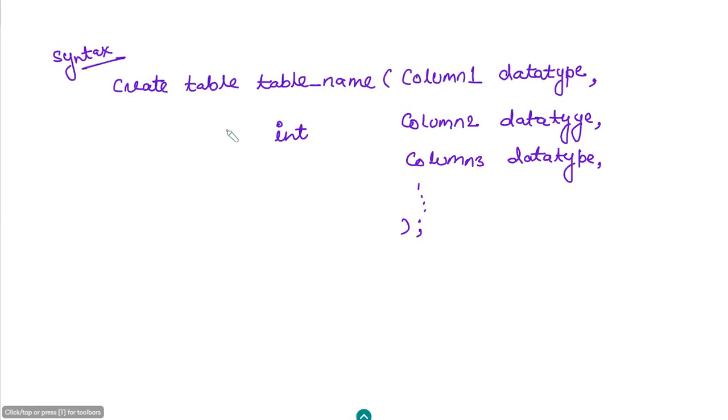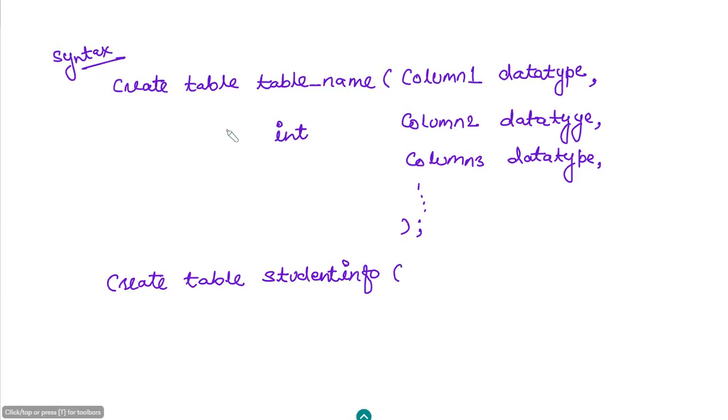So now write a proper query, create table, right? Create table, table name. Table name is what? Student info. Student info is my table name, which will be created under the database, my database, right?